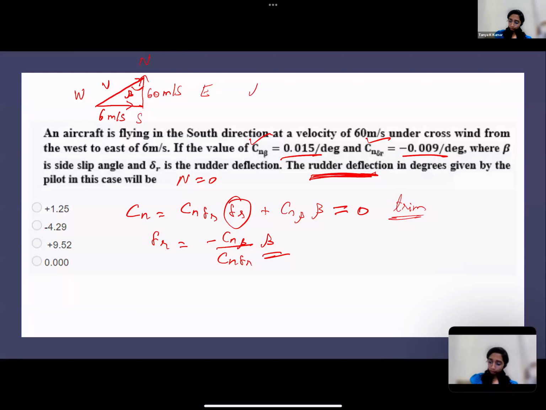Can you at least tell me the answer for this? Just do the calculation. It's very simple. Just do tan inverse 6 by 60, tan inverse 1 by 10.